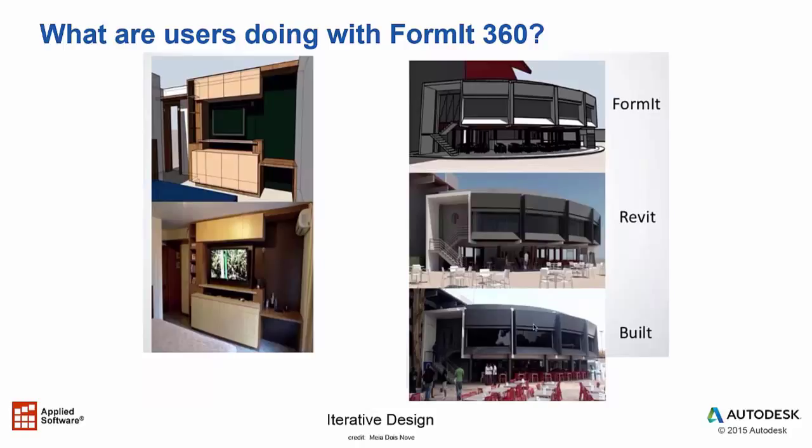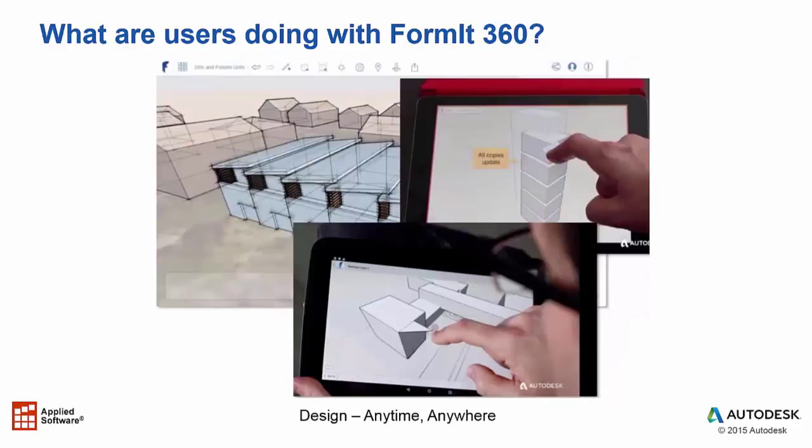That's huge, because that's typically what happens on the way, is that you lose the design intent. So this iterative process lends itself to this ability to carry the design intent from product to product without losing the intent itself.